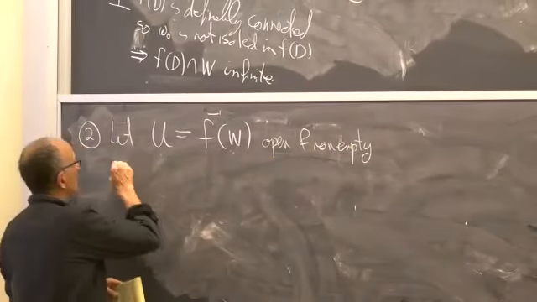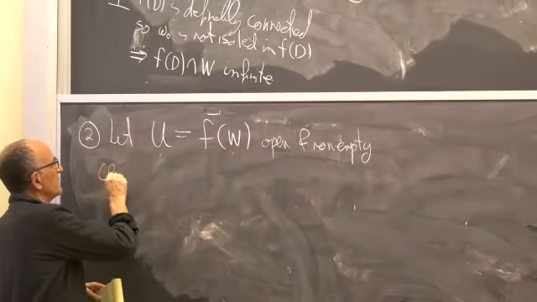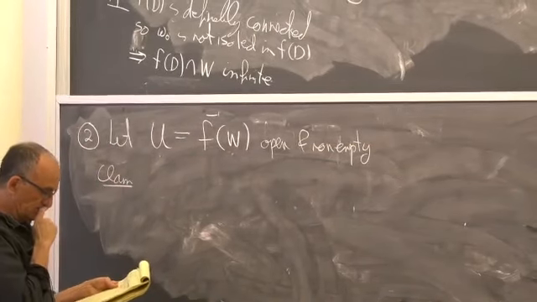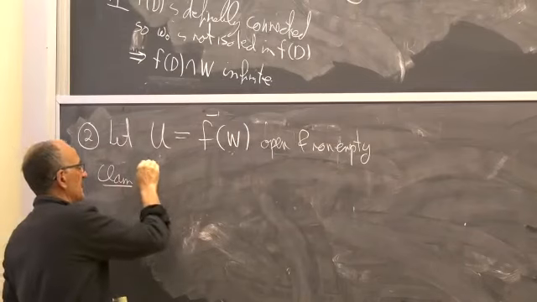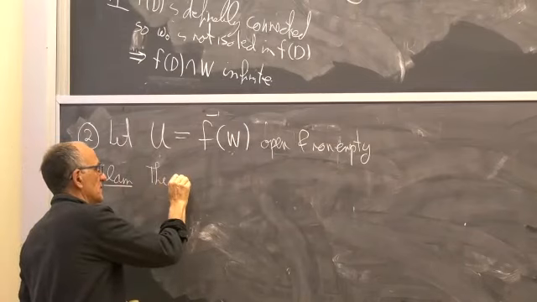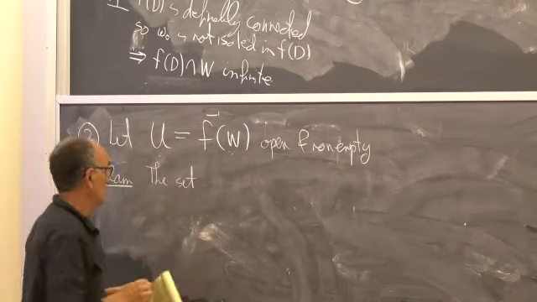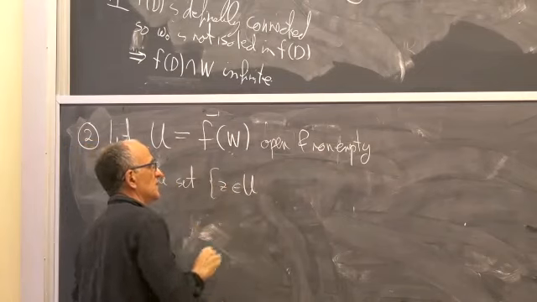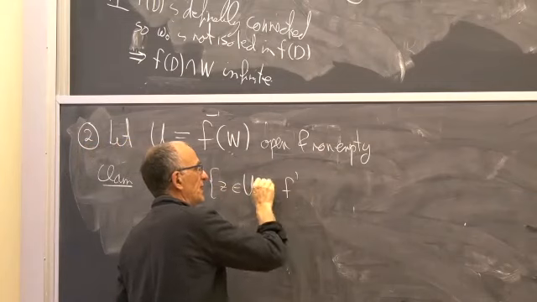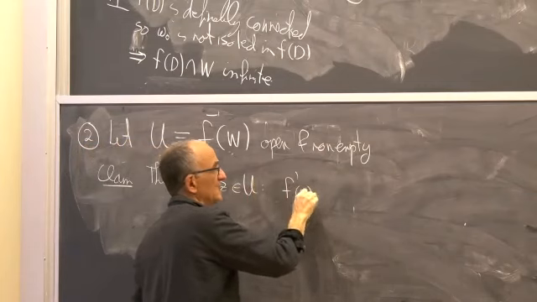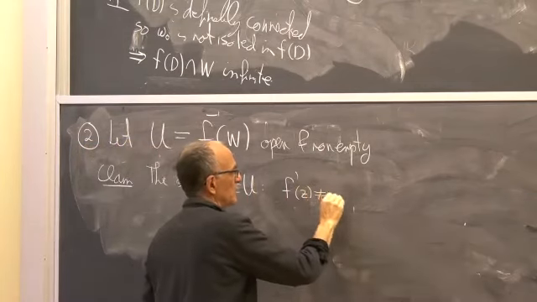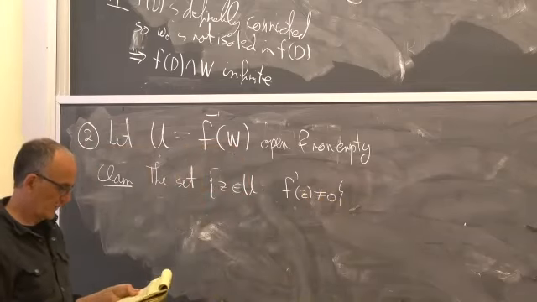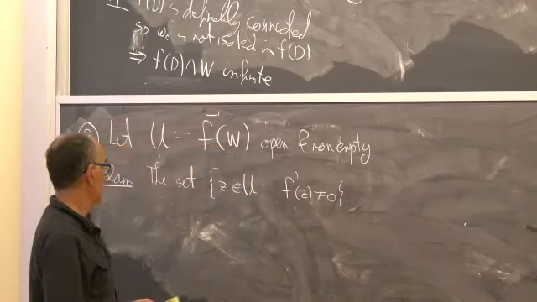I'm claiming now, okay, the set of all Z in U such that f prime of Z is non-zero has dimension 2.